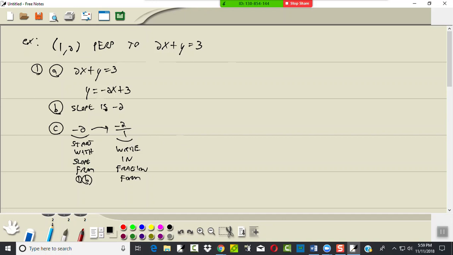Assuming it's not already a fraction. You may have 2/3 there, in which case you wouldn't do anything. This is already in fraction form. Then we're going to flip it. That's called taking a reciprocal. Reciprocal means top goes to the bottom, bottom goes to the top. So you flip it. And then you change the sign. So it goes from a negative to a positive. So m is going to equal 1/2. So a negative reciprocal: flip it, change the sign. Once you get used to the concept, it's pretty easy. You can probably do it in your head. But that's showing how to do it.